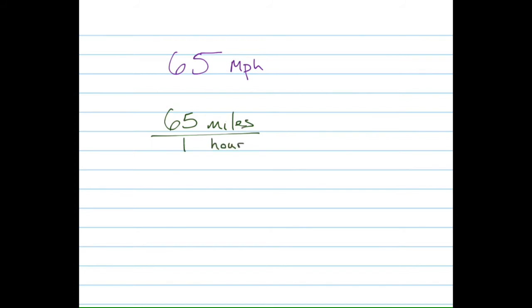So since the denominator here is 1, this is a unit rate. Okay, 65 miles in 1 hour. Everybody good so far? That's a unit rate.